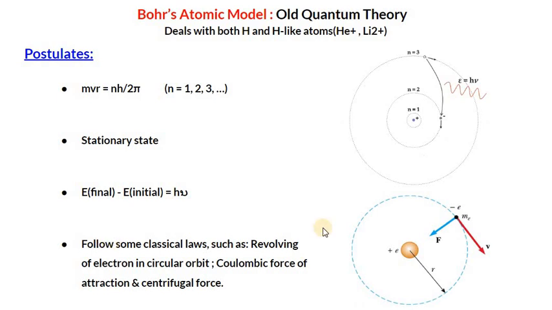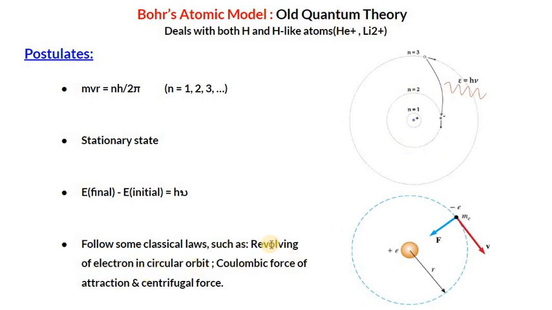The last and final postulate was that Bohr's atomic model follows some classical laws. When electrons are revolving around the nucleus, we have to consider the formula of revolving, like the formula we use when the Earth is revolving around the sun. We can use the same formula when electrons are revolving here.